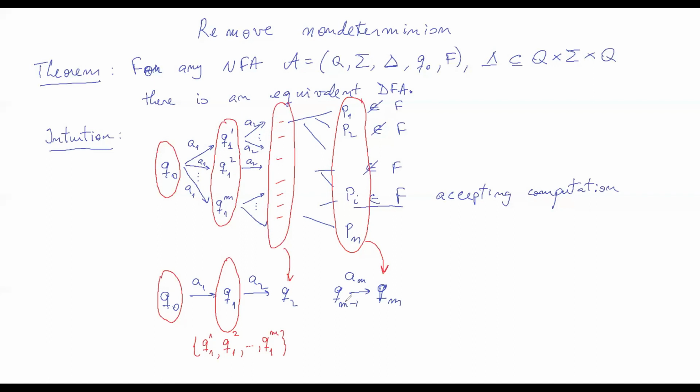So I'm going to make this concrete now and give you the formal definition and then a formal proof that this is working out fine. So the proof now is going to go like this.